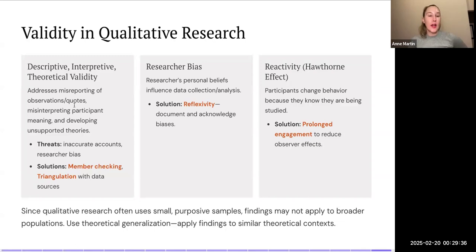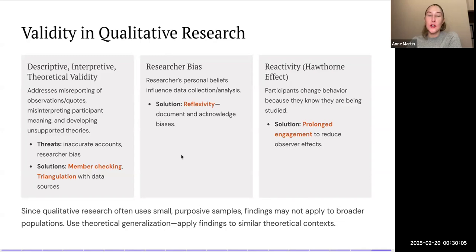So some of the techniques for making sure that participants' perspectives are accurately reported are called member checking, where the participants themselves check over the researchers' transcripts or findings, and triangulation, where the researcher uses multiple different types of data sources, maybe interviews with observations with documents, to make sure that they are accurately interpreting the data.